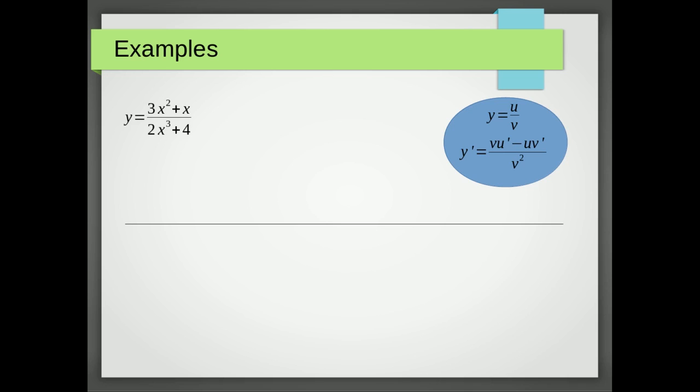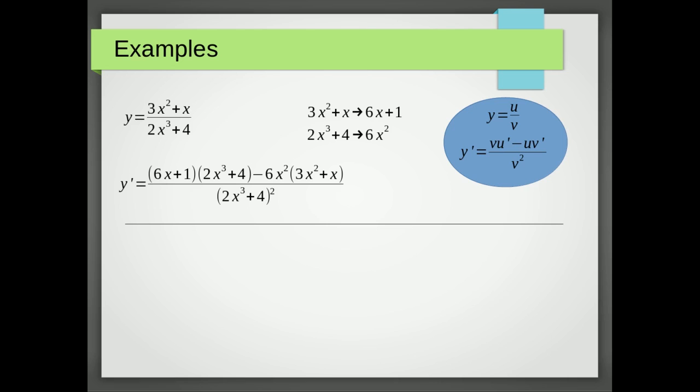So what I like to do, separately to one side, is differentiate the numerator and differentiate the denominator. So if I differentiate the numerator, I get 6x plus 1, and I differentiate the denominator, I get 6x squared. Then all I have to do is fill out the parts of the formula.